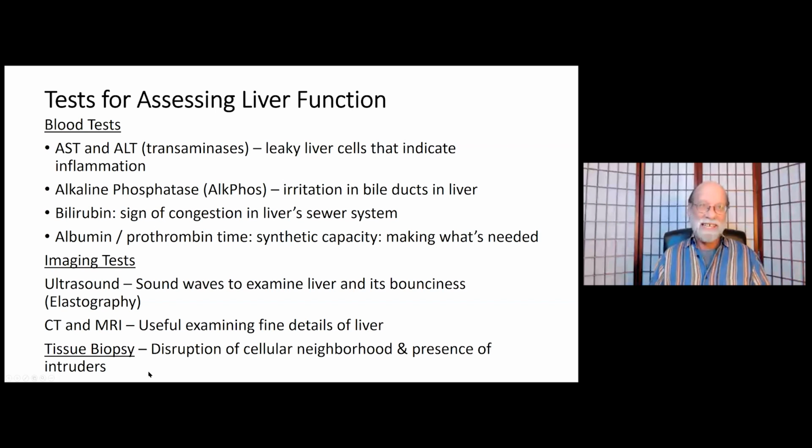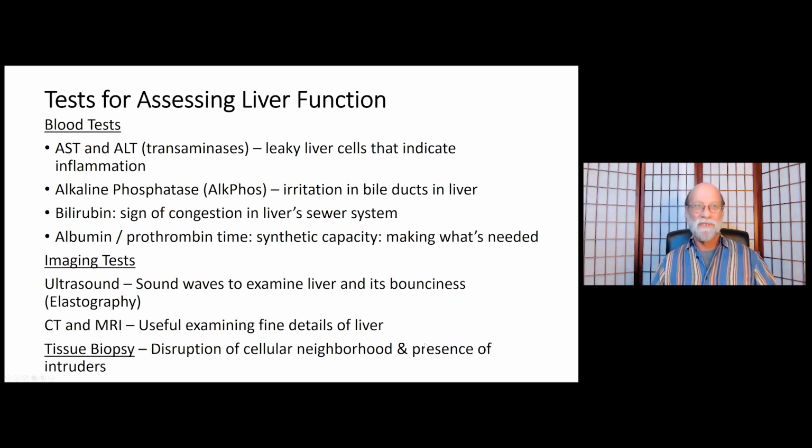And then finally, tissue biopsy is another option. This allows us to look under a microscope at the liver cells themselves and how they're related to other cells, looking at essentially the geography of these neighborhoods within the liver, and also the presence of intruders.